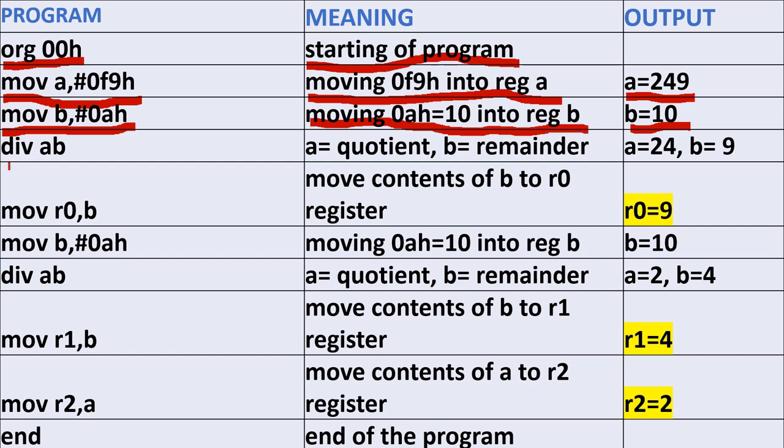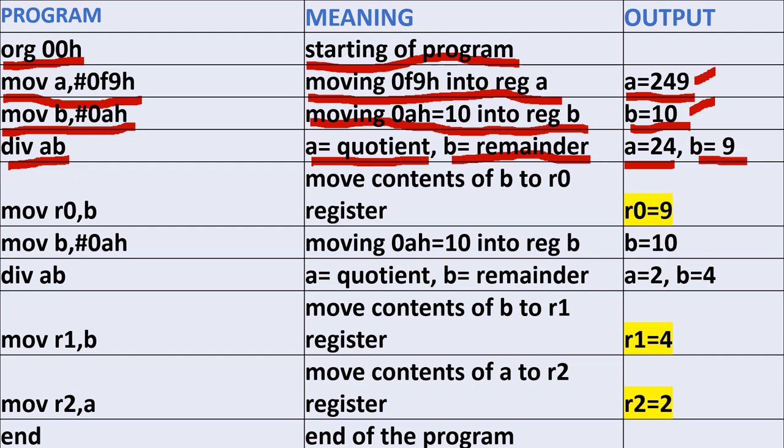Now the next instruction is DIV AB, which means we are dividing register A by B. DIV is the division instruction, and after execution of this instruction, the quotient will go to register A and the remainder will go to register B. When I divide the number 249 by 10, I will get a quotient of 24 and a remainder of 9.